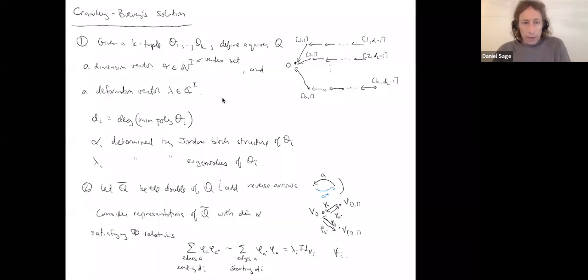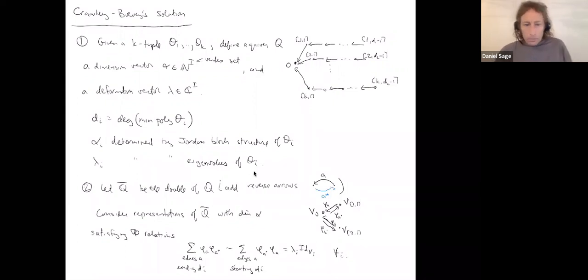The details are not so complicated, but complicated enough. The alpha i's are determined strictly by the Jordan block structure of the Oi's. They involve the ranks of products of powers of the Oi's, and the lambda i's are determined by the eigenvalues of the Oi's.